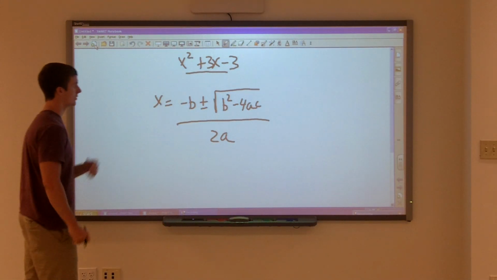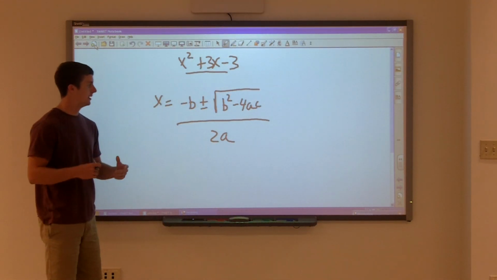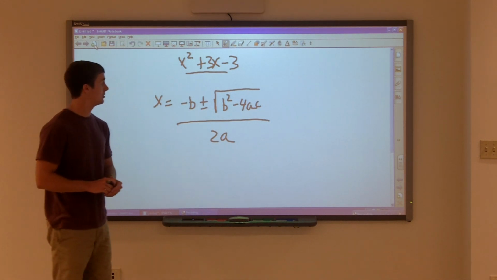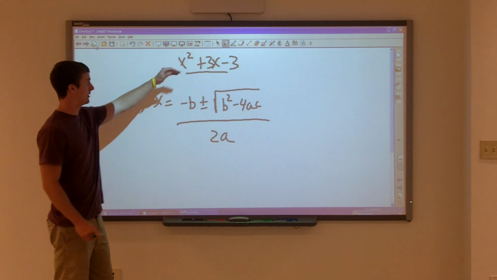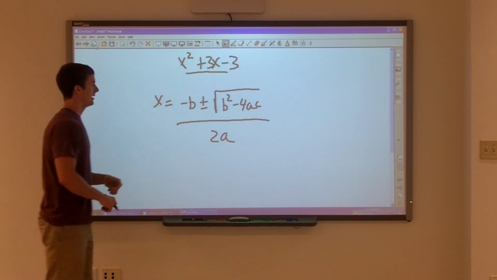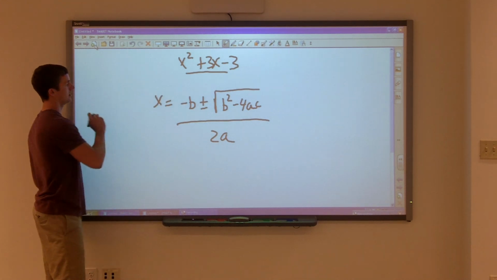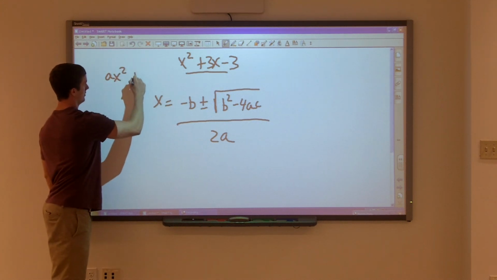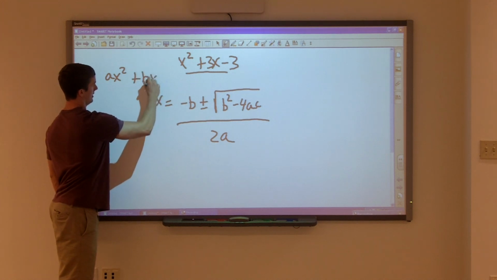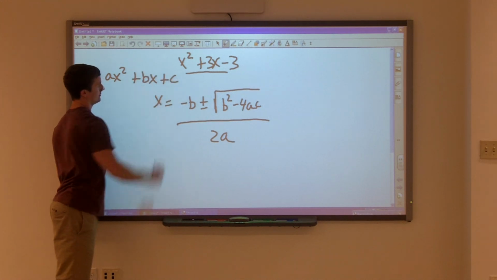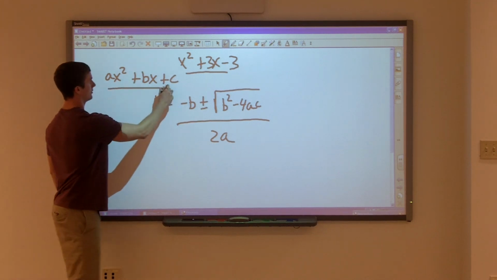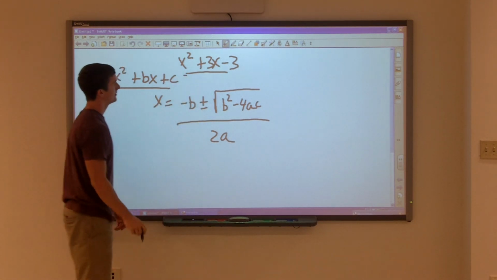So if we're looking at the quadratic formula, we see a lot of b's, we have some a's and c's. So we kind of need to see what these match up with in our original equation. Now if we look at our standard polynomial equation, we have a x squared plus b x plus c. So this equation looks pretty similar to our original equation.